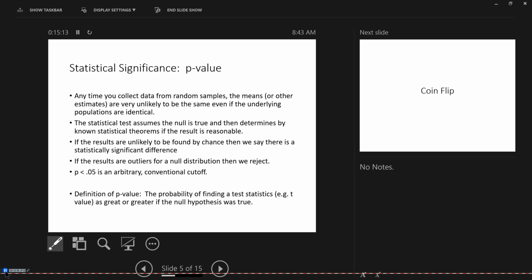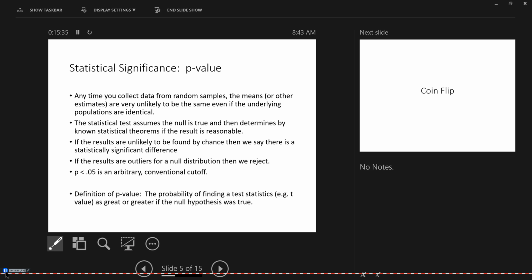So 2.5% is on this side, 2.5% is on that side. So when we say less than 5%, it's actually less than 2.5% of this tail, 2.5% of the other. There are one-tailed tests, but they're not used as often.